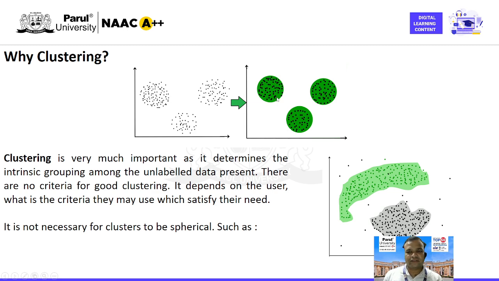These data points are not similar with those data points. All of these data points having similar properties, we make cluster number one, and these data points having similar properties make cluster number two, and cluster number three similarly.